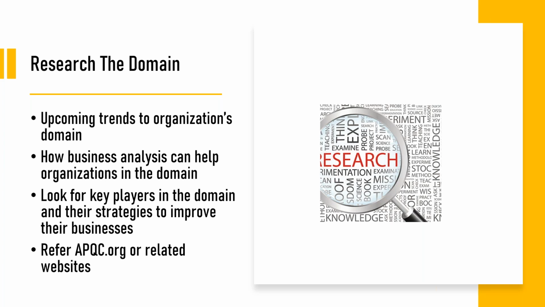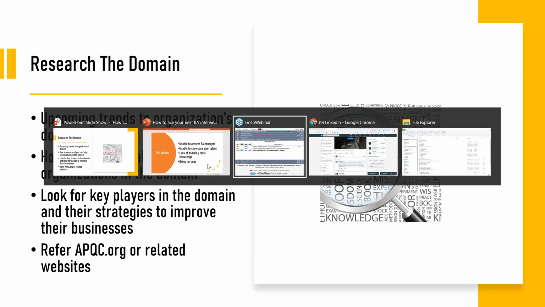And there is one wonderful website which I would tell you about, and which I have referred to enough number of times in my life, which is apqc.org. It's an amazing company. Let me just go there for a minute and come back.